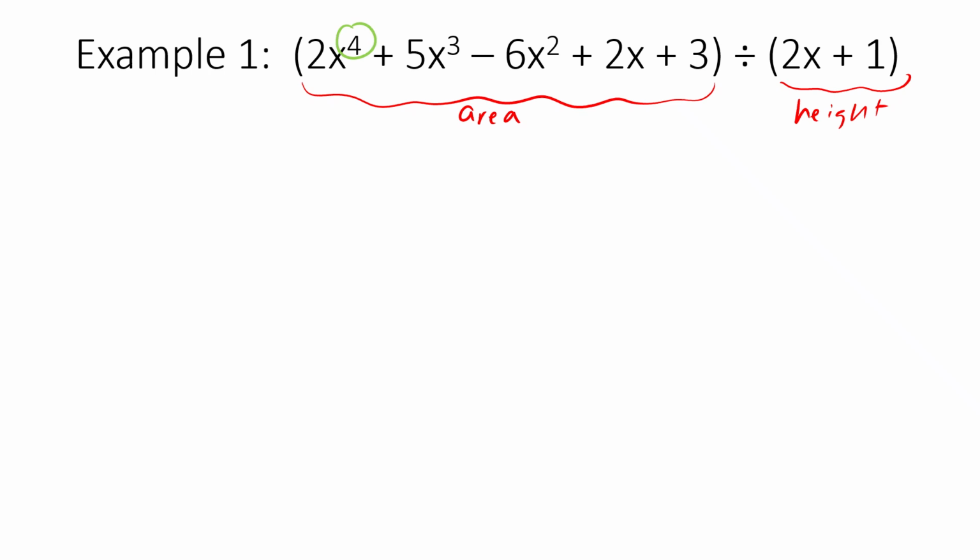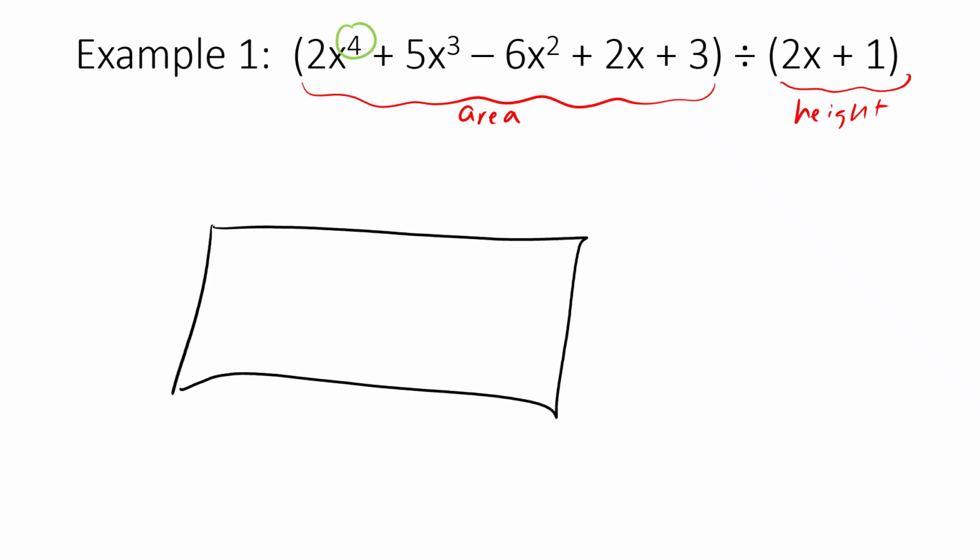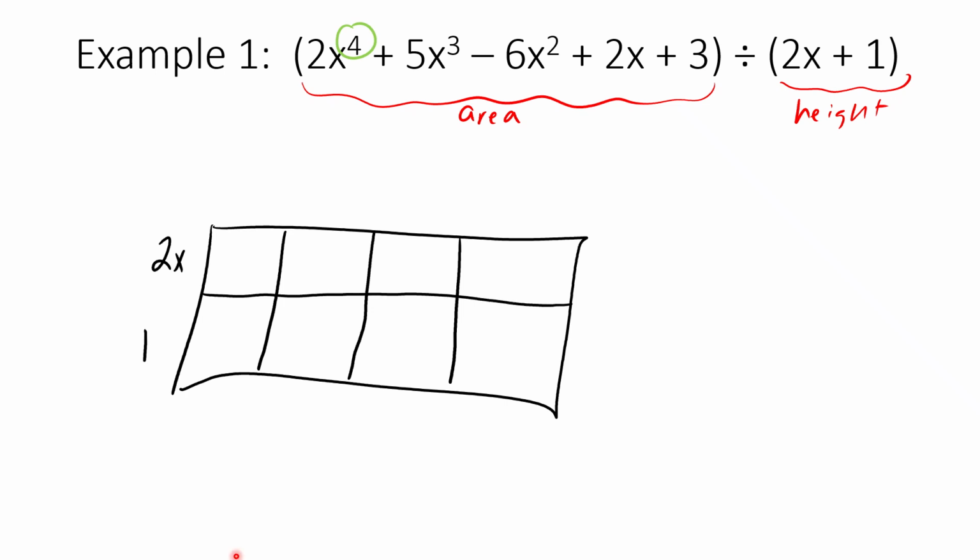When you set up your rectangle, you want that many columns. So if the degree is 4, you can use 4 columns. And then my height is going to be 2x plus 1, and so I'm going to need 2 rows. So I know the height, I know the area, and what I'm looking for is this right here.